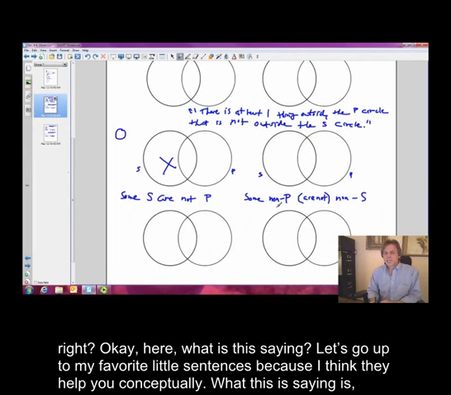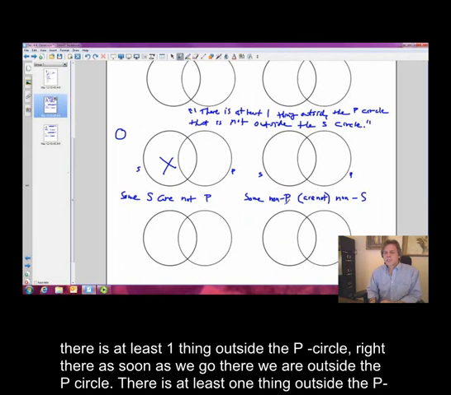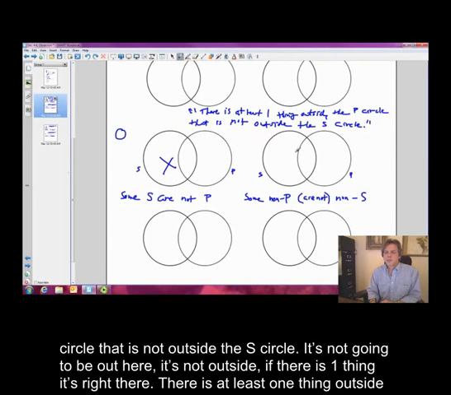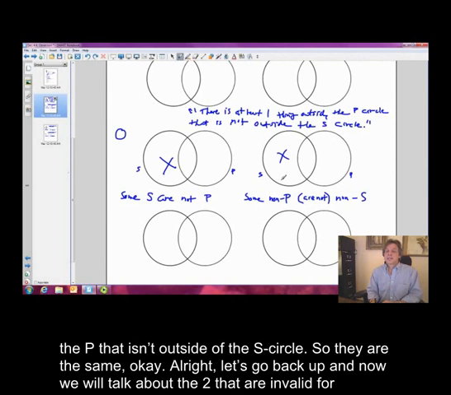What this is saying is there is at least one thing outside the P circle. Right there, as soon as we go there, we're outside the P circle. There's at least one thing outside the P circle that is not outside the S circle. It's not going to be out here. There's one thing, it's right there. There's at least one thing outside of P that isn't outside of the S circle. So they are the same.